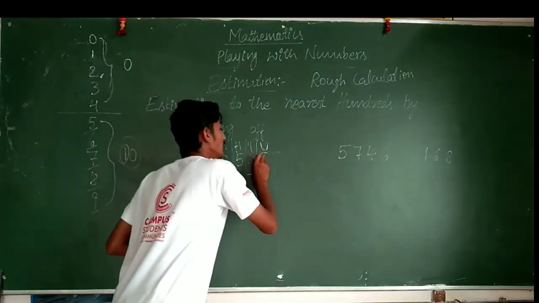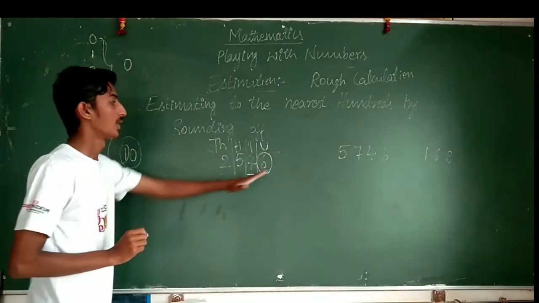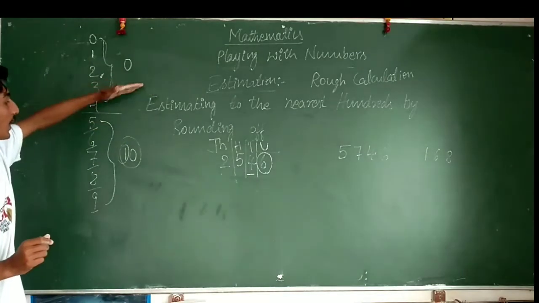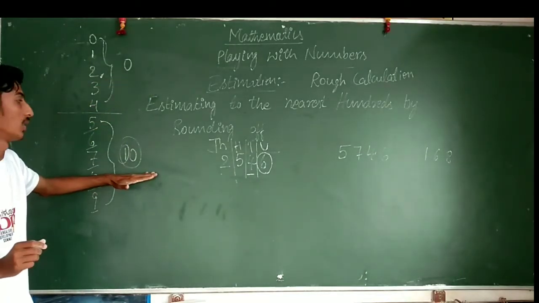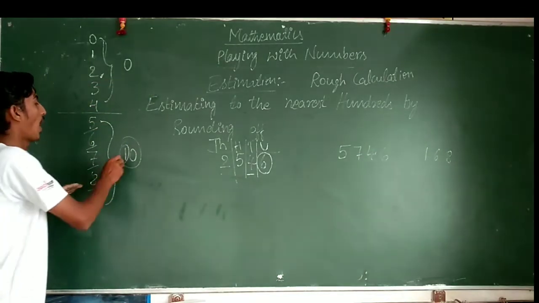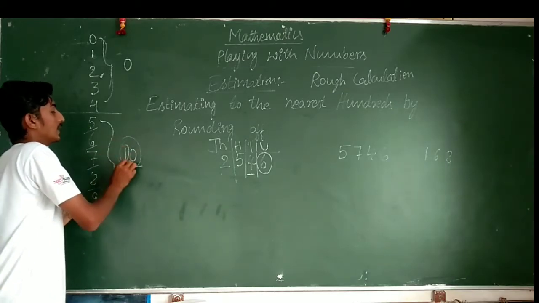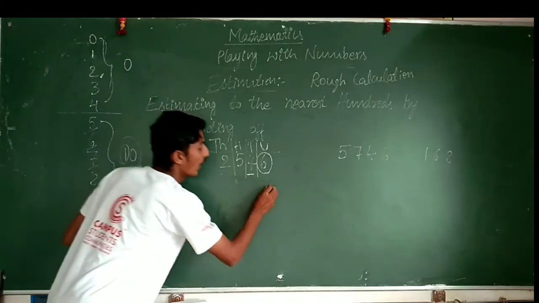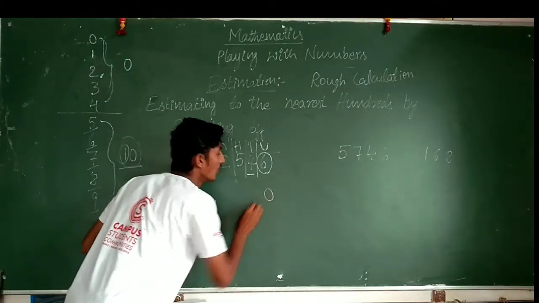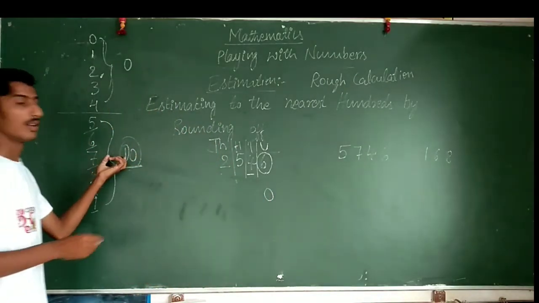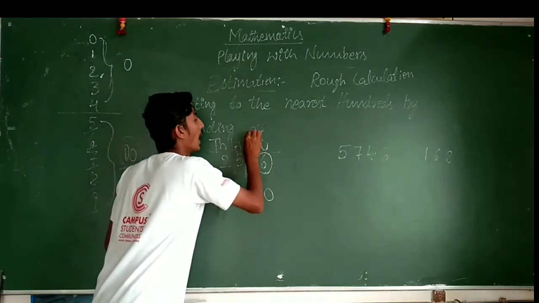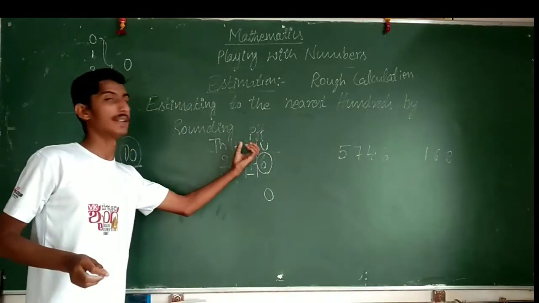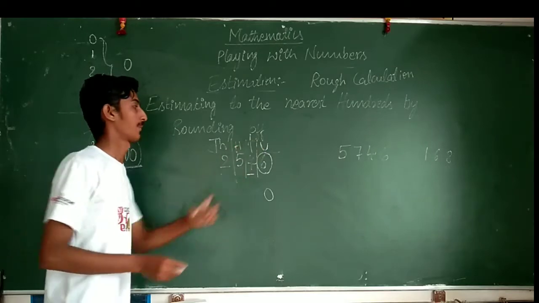Okay now, in unit place we have 6. 6 comes across the 10th division. That means we have to put a 10 instead of 6. That means we have to write a 0 and 1 is there. 1 we have to add to the next place, that means 10th place.